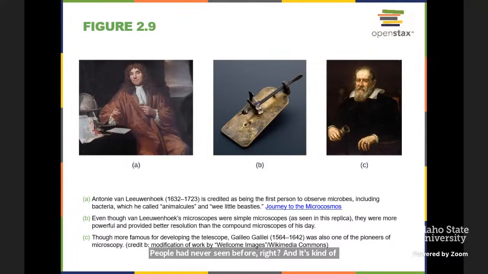He wasn't really a scientist, he wasn't a microbiologist, all right? He was a merchant. He sold all sorts of different things, but he sold fabrics in the shop. And it makes me think about fabric, right?